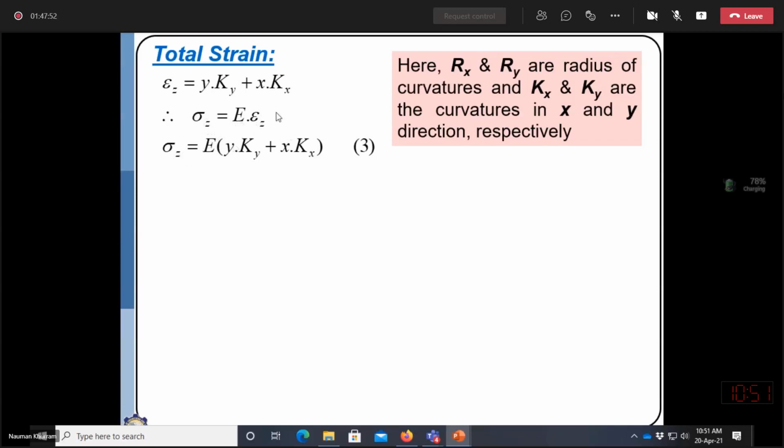So we substitute the total value of strain due to Mx moment and due to My. Again, I am repeating, curvature in the y direction is produced due to the moment acting about the x-axis, and curvature in the x direction is produced due to the moment acting about the y-axis.